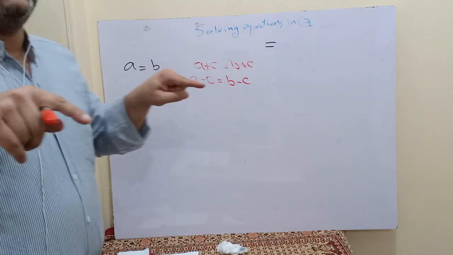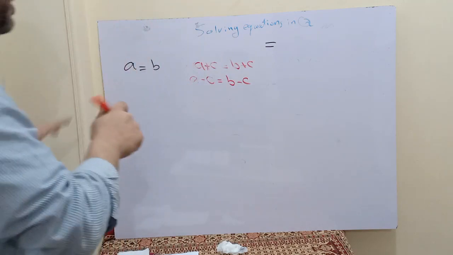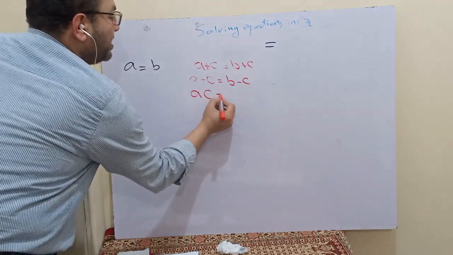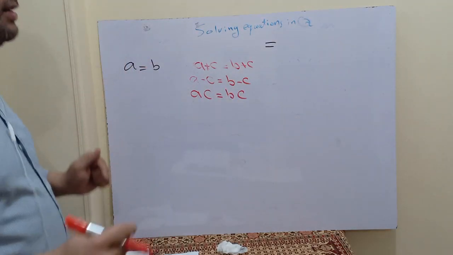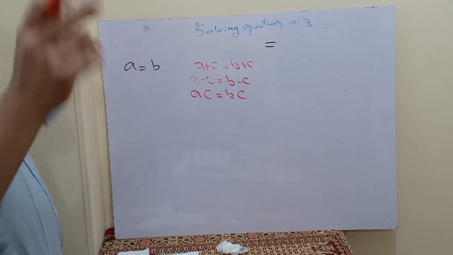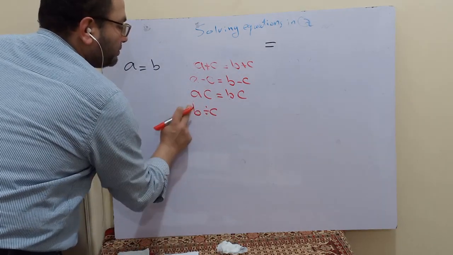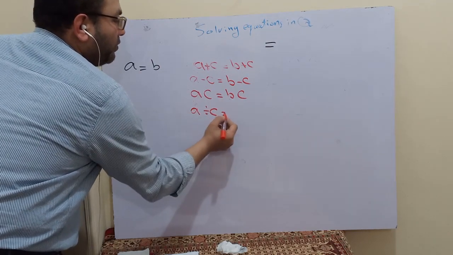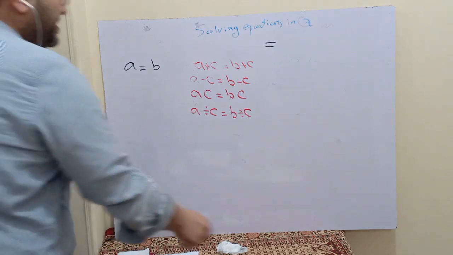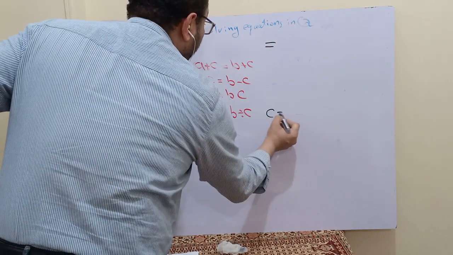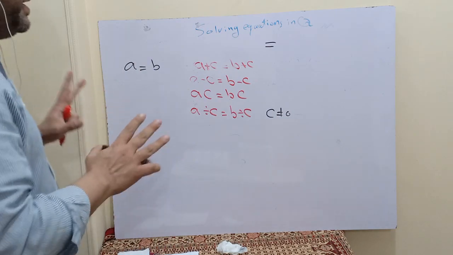Or we can multiply the two sides by the same number: A times C equals B times C. And finally, we can divide both sides by the same number: A divided by C equals B divided by C, where C must not equal 0, because we cannot divide any number by 0.